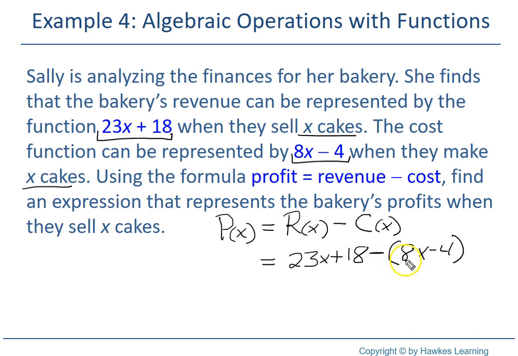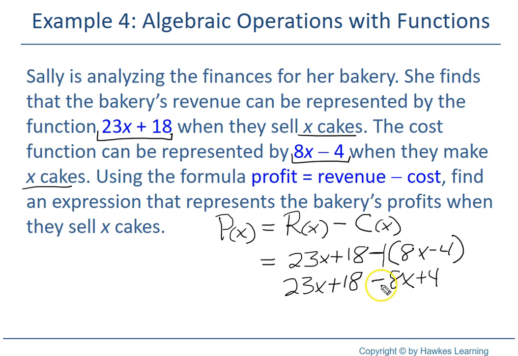So what happens here? Well, when we subtract the cost, we have to remove the parentheses, so it's 23x plus 18. Now this becomes a negative 8x. Now the opposite, and keep in mind you could put a 1 there as we did before, this becomes a plus 4.